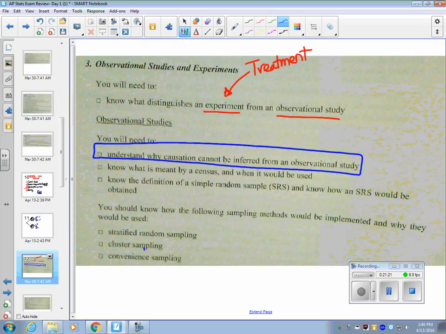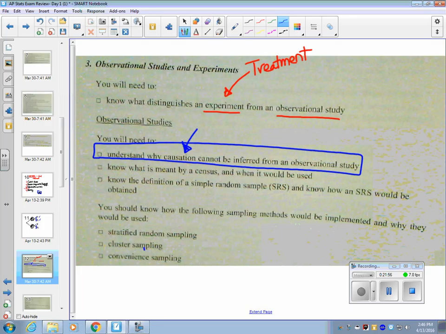Here's an example of something we've said, that causation can't be inferred. What does this word causation mean? And can it be inferred from an experiment? If you did an experiment, can you say that this causes this based on the results? Yes. And an experiment is the only way that can happen.